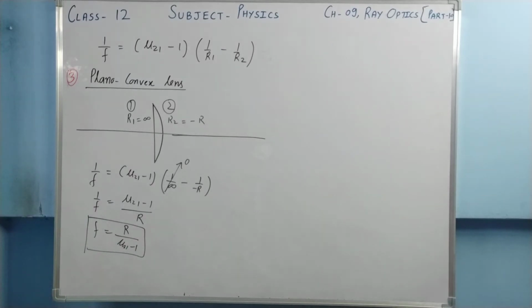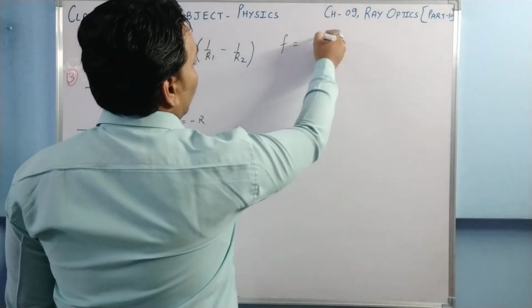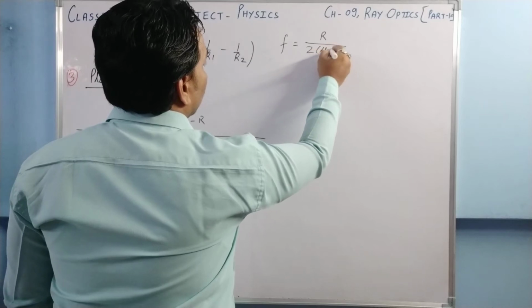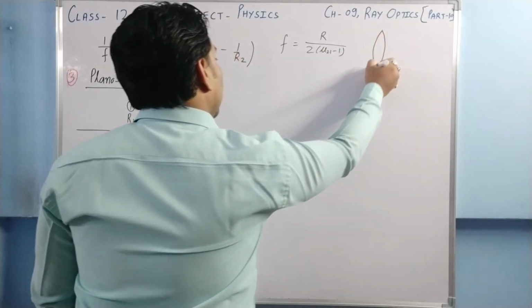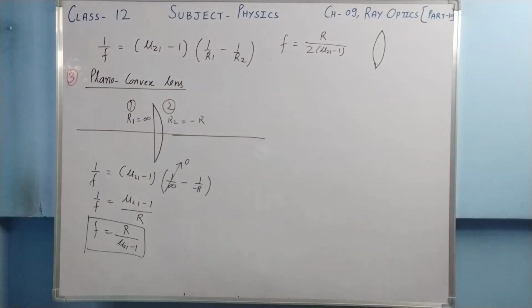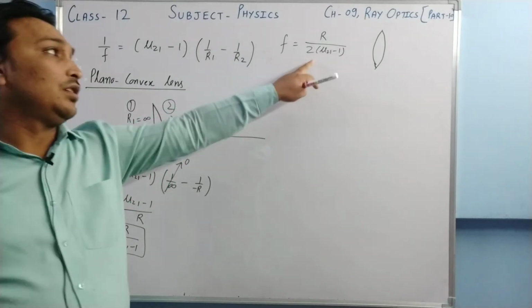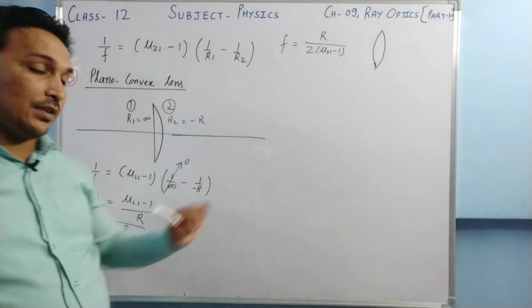Now I want you to understand that the focal length of the equiconvex lens was given as R upon 2(mu21 minus 1). This is the focal length of the equiconvex lens, and this is the focal length of the plano-convex lens. You can see the relation. Here that 2 is there, here it is not. So if its focal length is 10, this one is going to be 20.